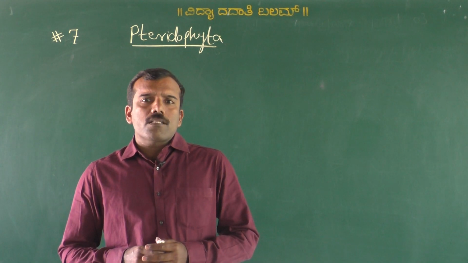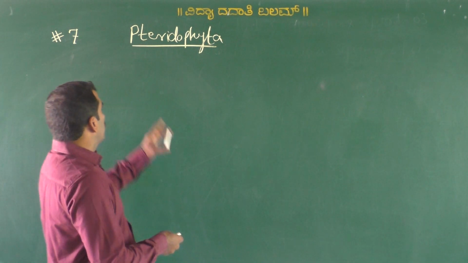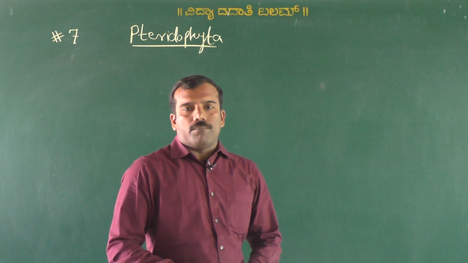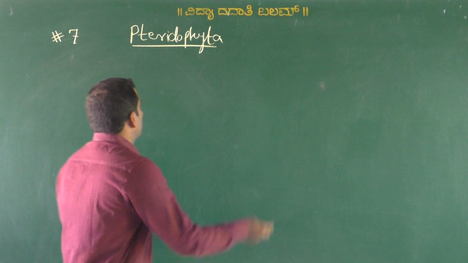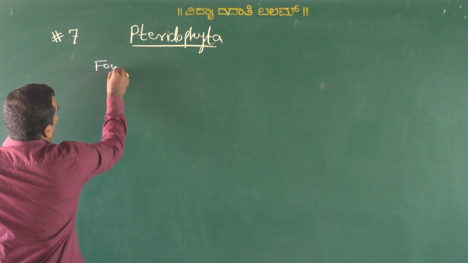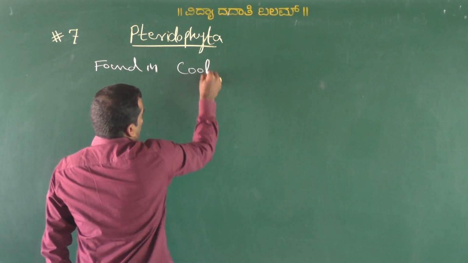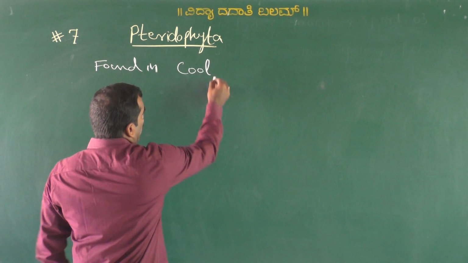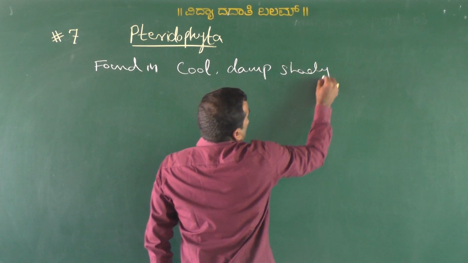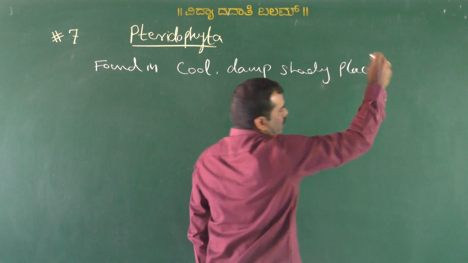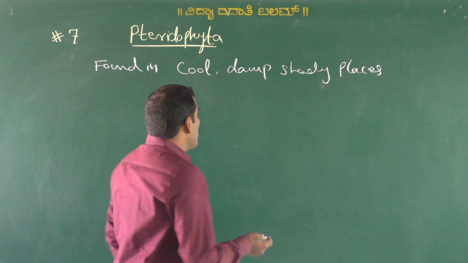So, in this class, one of the important groups of plants under the plant kingdom, that is Pteridophyta. The pteridophytes are commonly found in cool places, damp and shady places, and they flourish well in sandy soil.